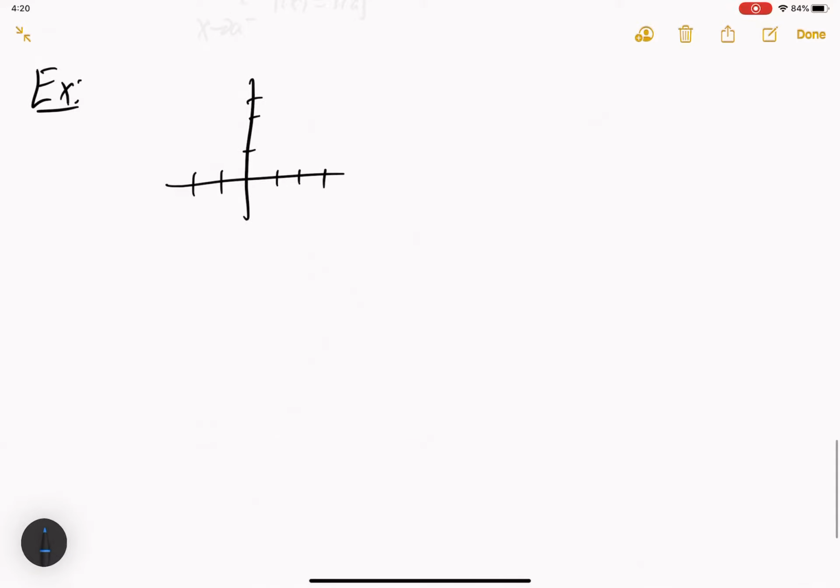It's going to start at 1. It's going to go this way. It's going to have an open circle, and then it's going to go to 2, 2.